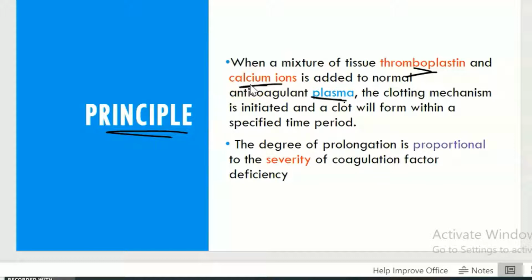So when these are added to the plasma, the clotting mechanism is initiated and the clot is formed within a specified time period. The degree of prolongation is proportional to the severity of clotting factor deficiency. So if PT time is prolonged, it means there is a deficiency of clotting factors.